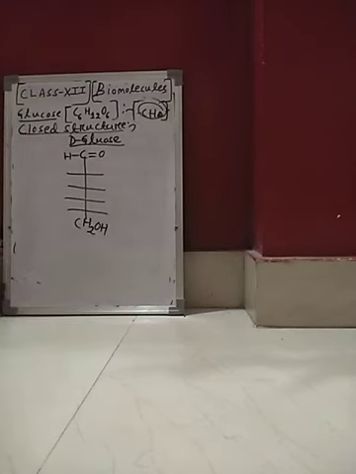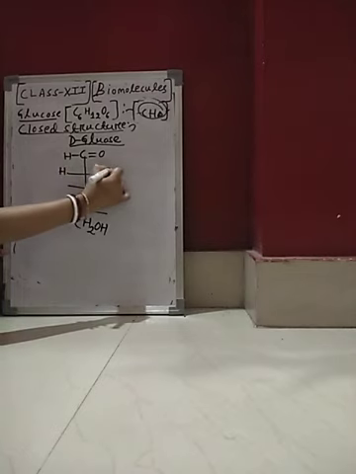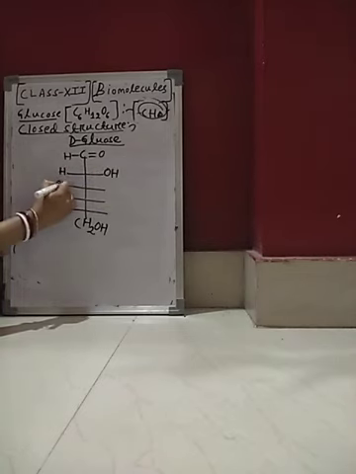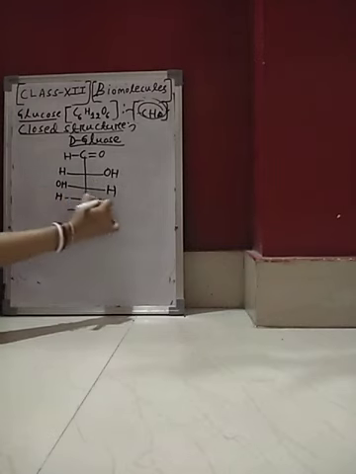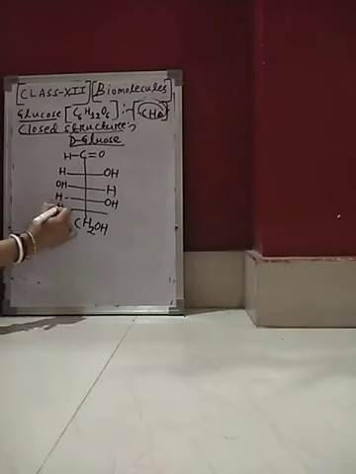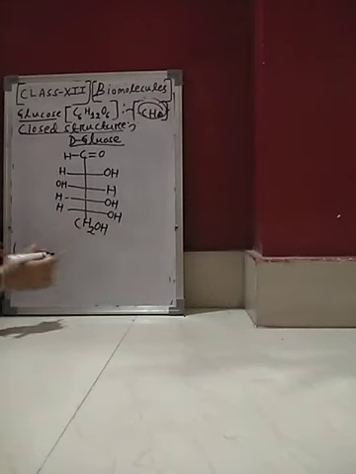For D-glucose, as I have told, H must be on the left side: H, OH. Then OH, H. Then again reverse it, H, OH, and the last one remains the same, H and OH. So this is the structure of D-glucose.